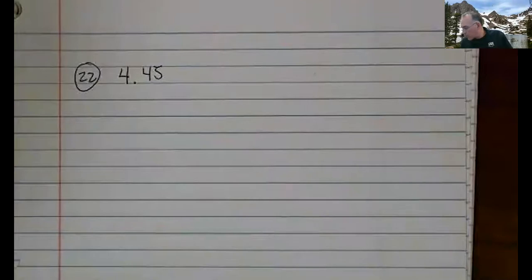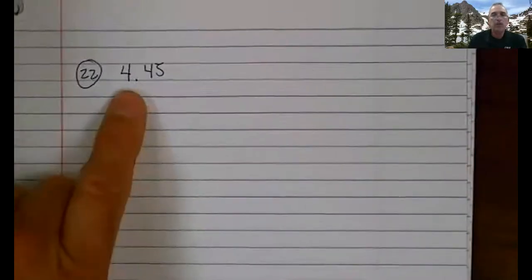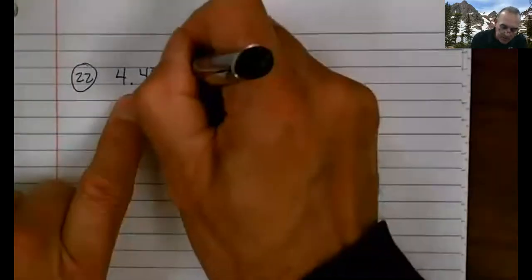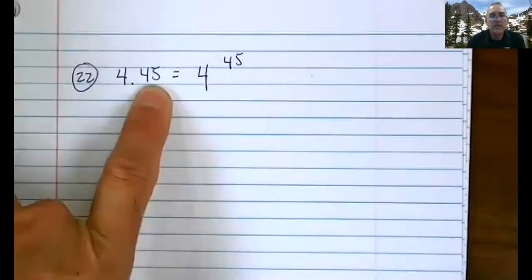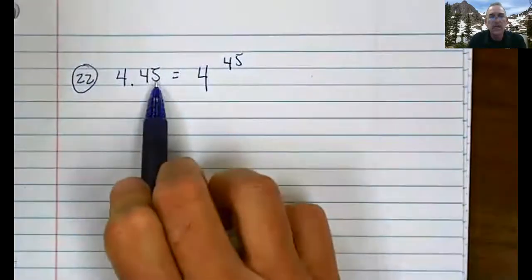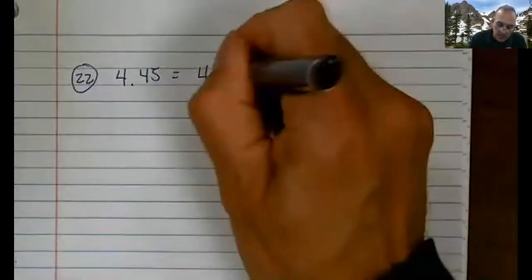4.45. Let's make sure what they want us to do. Write each decimal as a fraction or a mixed number in simplest form. So I want to write this as a fraction. This is equal to 45. That place value right there, that's hundredths. So I know that it's like that.